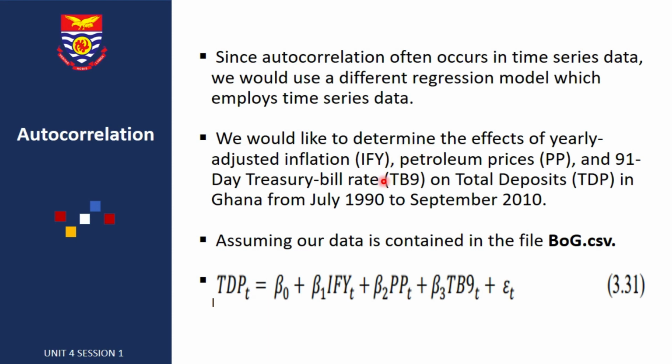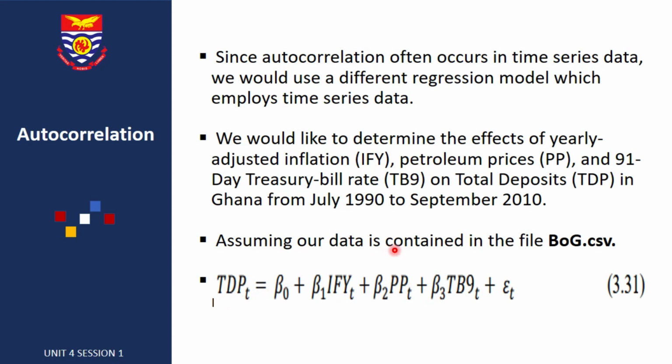In our model, we assume that TDP, the total deposit, is dependent on the annually adjusted inflation rate, the petroleum prices, and the Treasury bill rate. These are our parameters, B1, B2, and so on, and IFY is the coefficient. So we are examining how annually adjusted inflation, the petroleum price, and the Treasury bill explain the movement in total deposit.